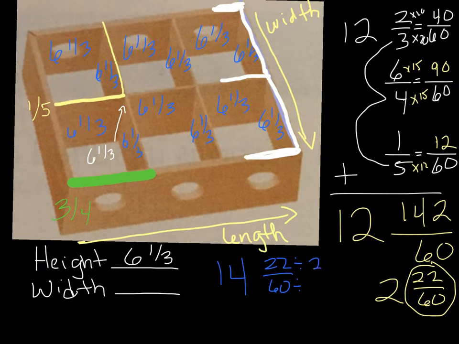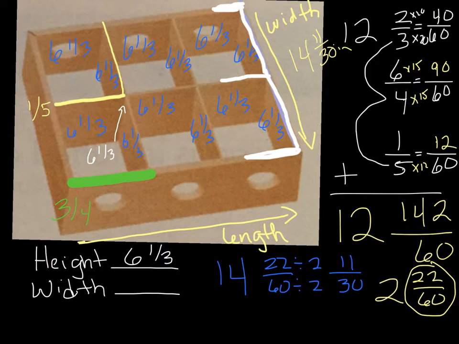We could divide by 2 on the top and bottom to do that, and we'll end up with 11 over 30. So now we know our width, which is going to end up being 14 and 11/30ths of an inch.